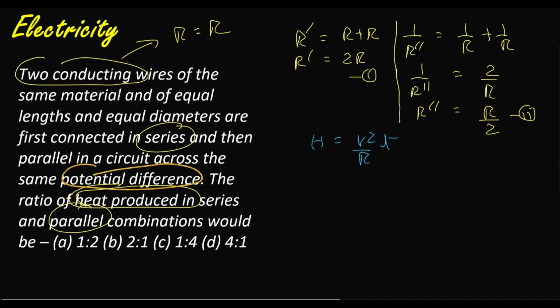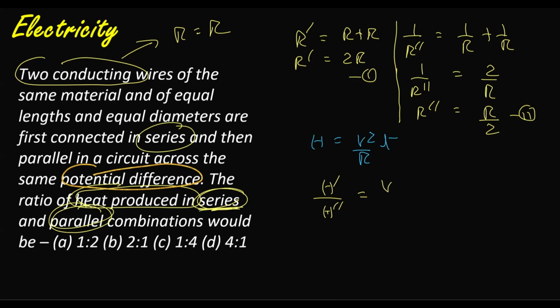So this is what we have to determine, but it's a ratio. So I can say H dash as the case of series, and H double dash as the case of parallel.